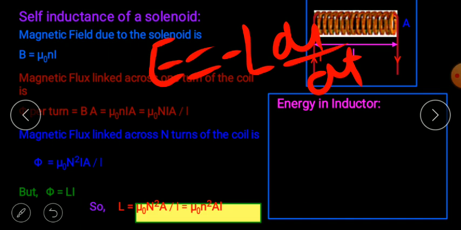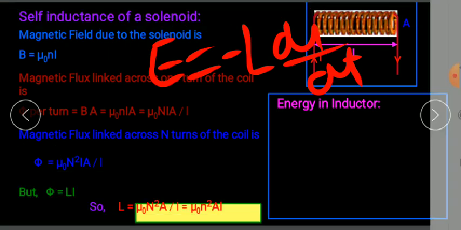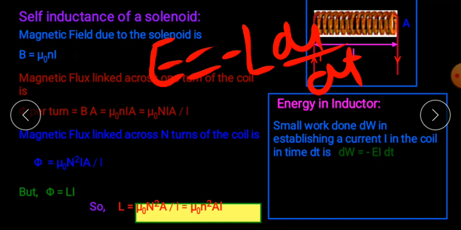So the work required to move a charge dq against this EMF, the small work done dw in establishing the current in this coil in time dt, is dw equal to minus e i dt.